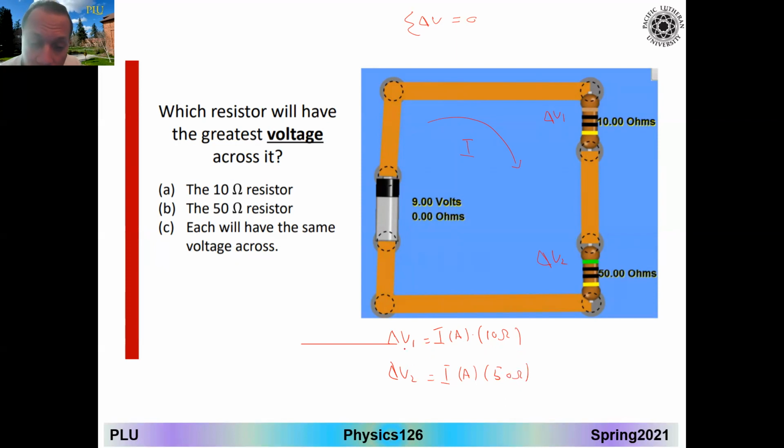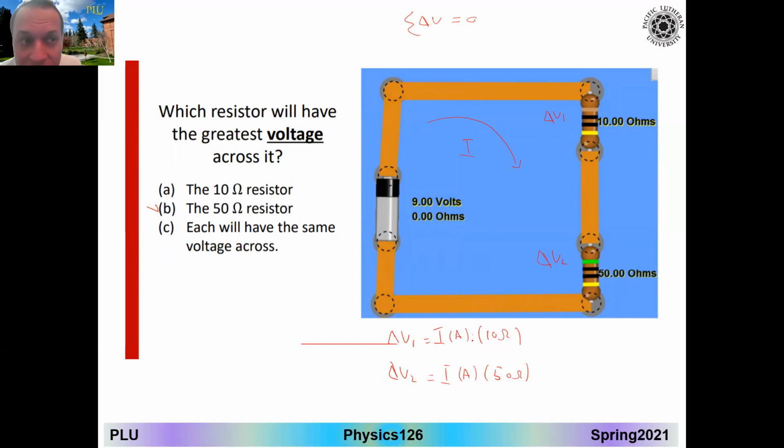From these two equations, if you look at the delta V, it is proportional to the value of the resistors. Here is 10 times I, but here is 50 times I. So delta V2 is going to hold more voltage.